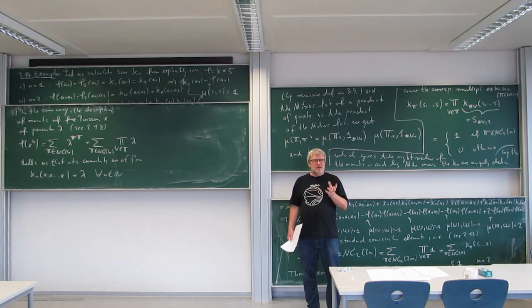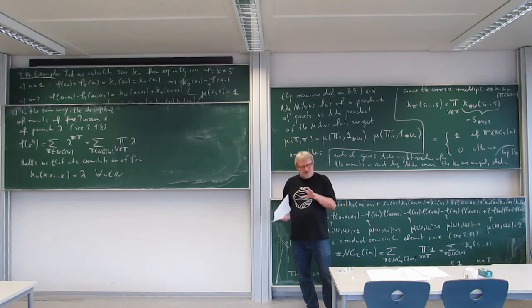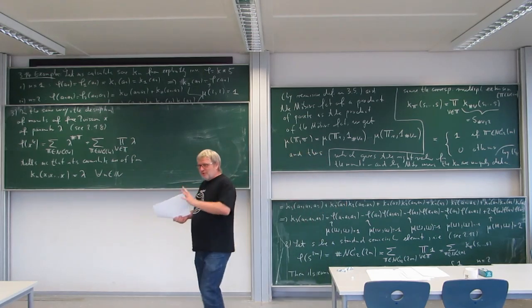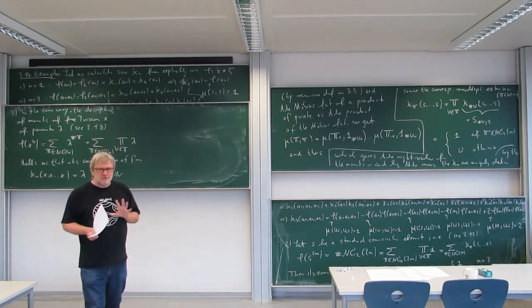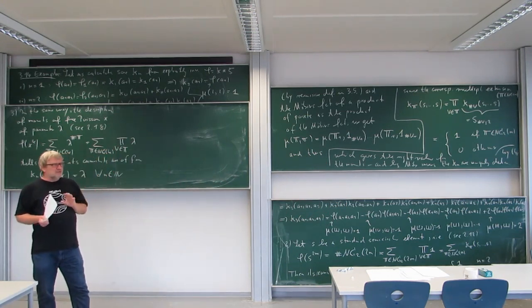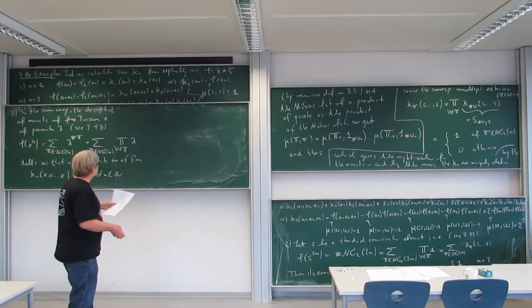But the question is, how do they relate with the product structure in my algebra? For the phi's, this is very simple. This is associativity. But for the kappas, this is not so clear. And this is not as simple. It's not just associativity in some sense, but it's a reformulation of this, and we have to understand this, because this is a very important general formula, which is important for many exercises.